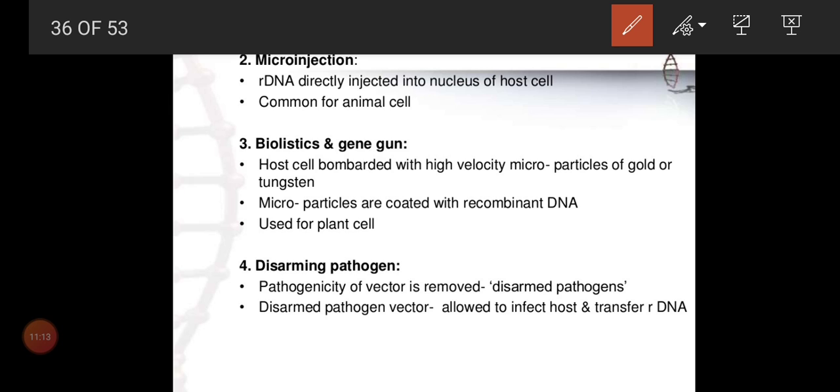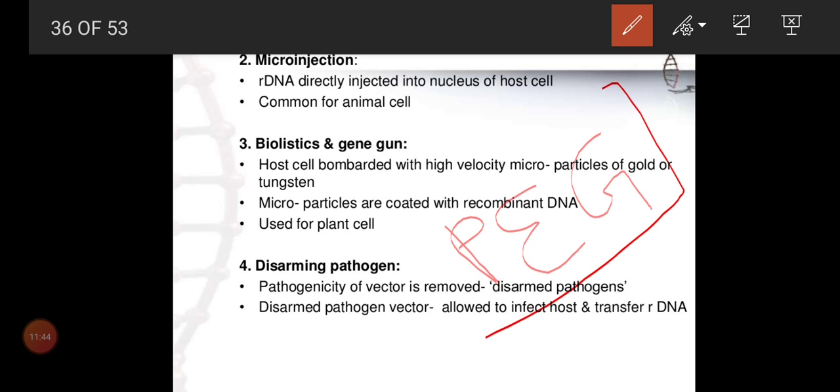An example for an animal cell is microinjection. Here there is no vector. And an example for a plant cell with no vector is the gene gun or biolistic. If it is in laboratory conditions, we keep one chemical that we can call PEG, polyethylene glycol.